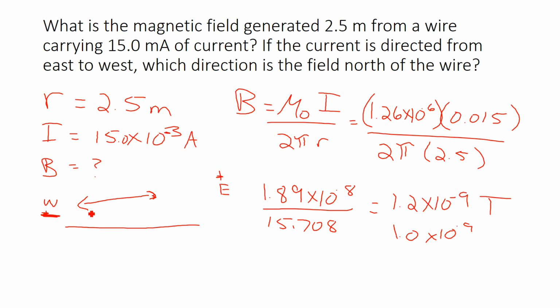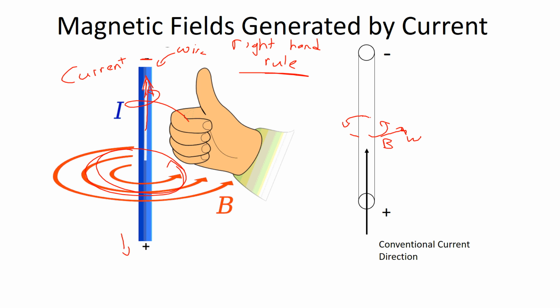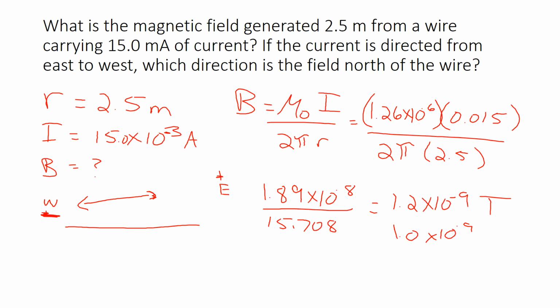It's basically just asking us which way the field wraps around the wire. Okay, see, it goes from positive to negative. This is the right hand rule. So based on your hand rule, it's going to go this way, right? Yes. So my magnetic field goes this way.